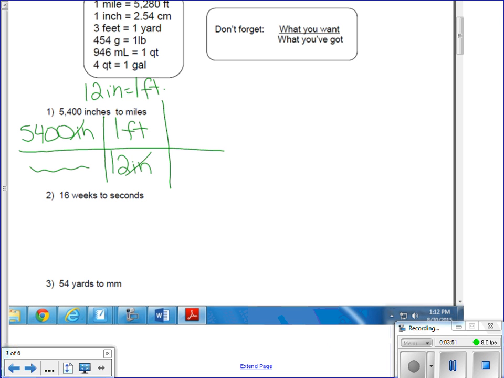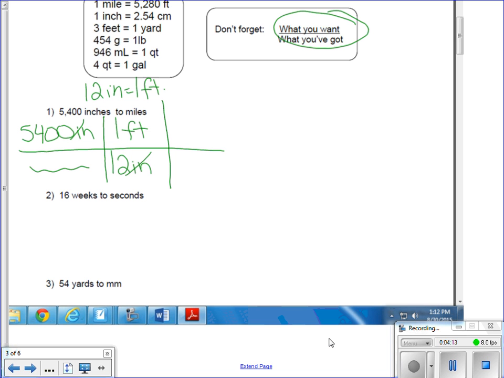So now, looking at the top, we can see there are 5,280 feet in 1 mile. All right. I want my answer to end in miles. That's what I want. So if we look at this box up here, what you want goes on top. I want my answer in miles.